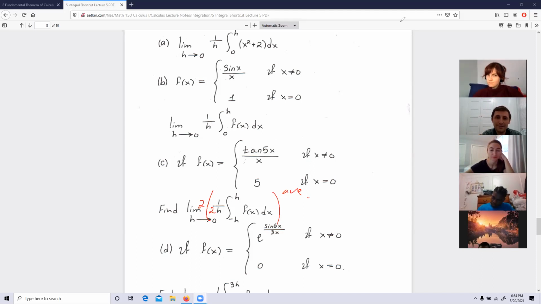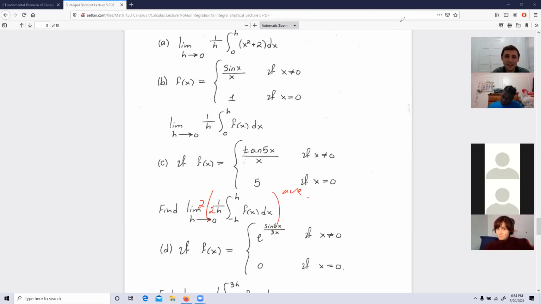Five. The answer is 5. But there is 5 times 2, so this is 5 multiplied by 2, which is 10. You see where I got the 10, guys?